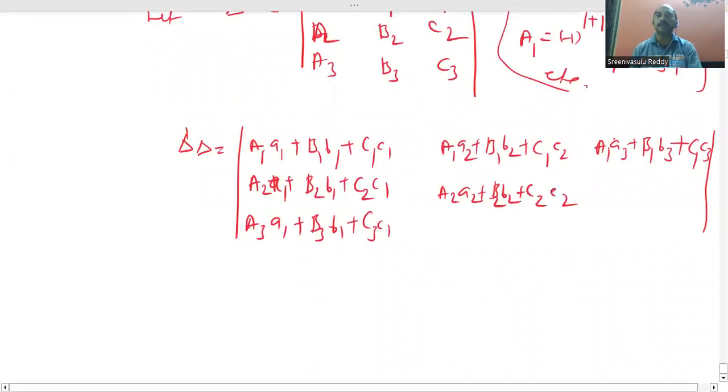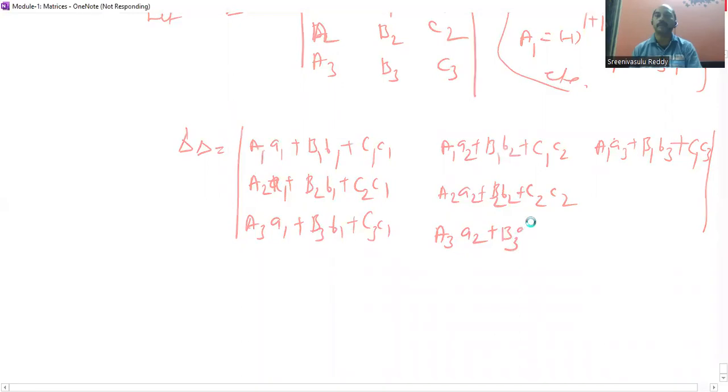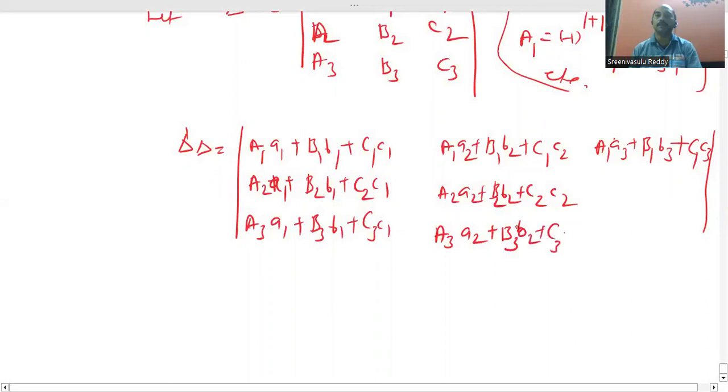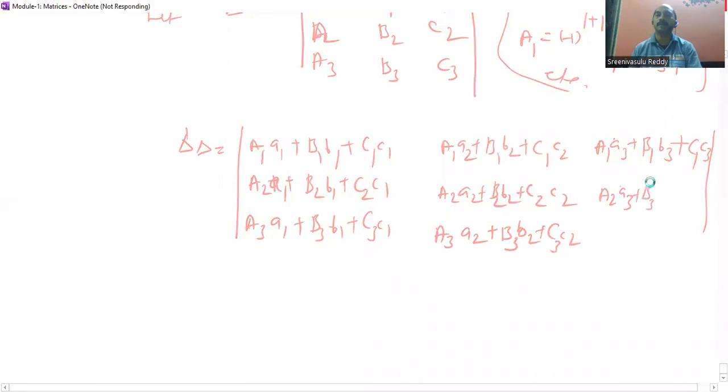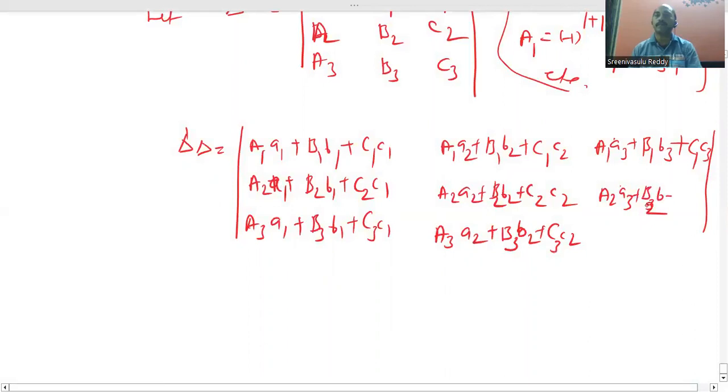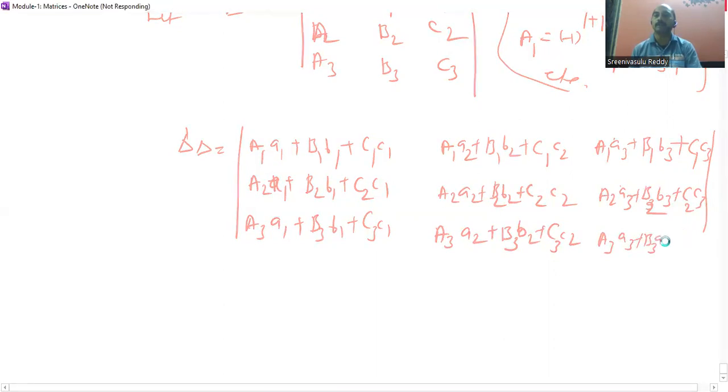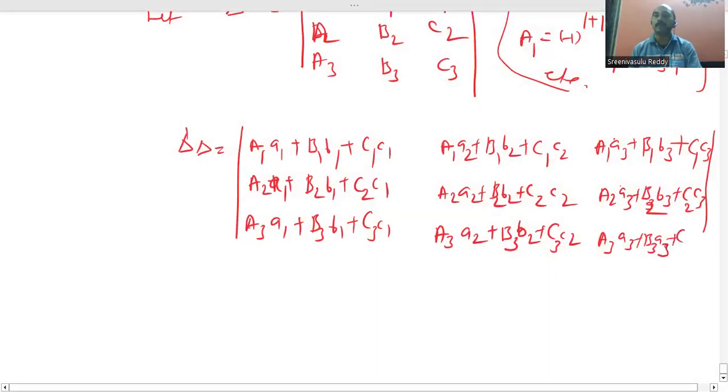Then A3, A2, B3, B2, C3, C2, and the last row A3, A3, B3, B3, C3, C3.